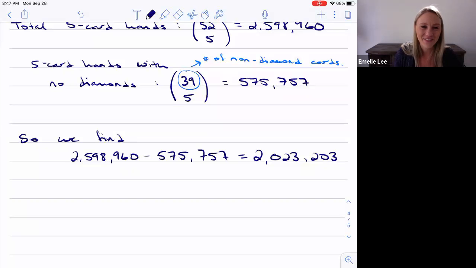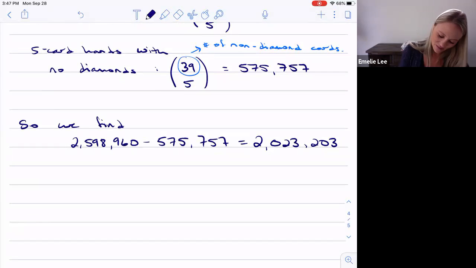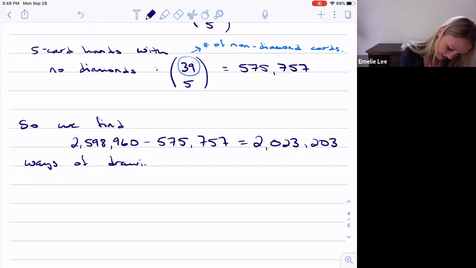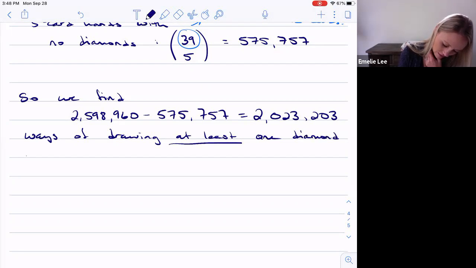Well, it is a fun number, and 2,023,203, also a pretty fun number. So we find 2 million blah blah blah ways of drawing at least one diamond in a 5-card hand.